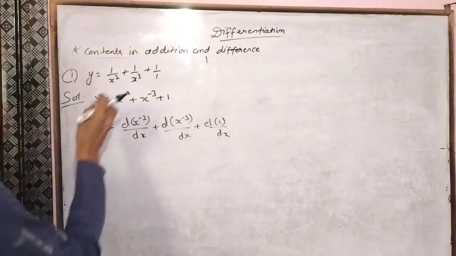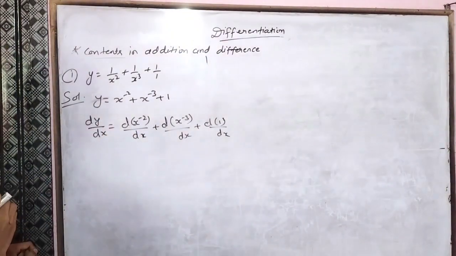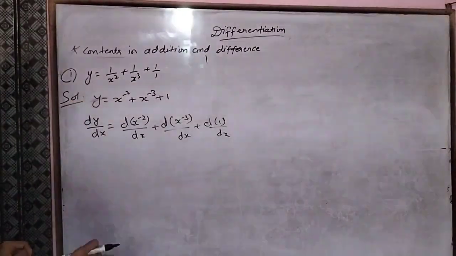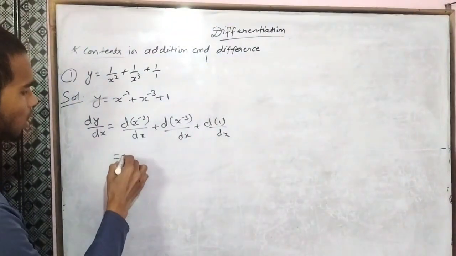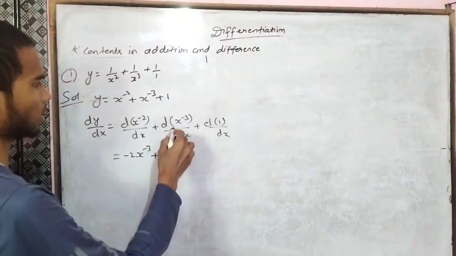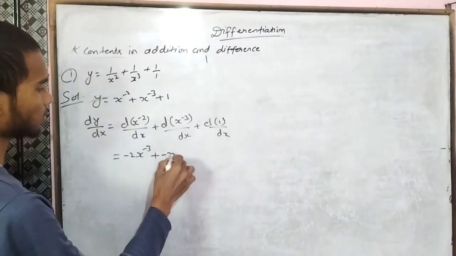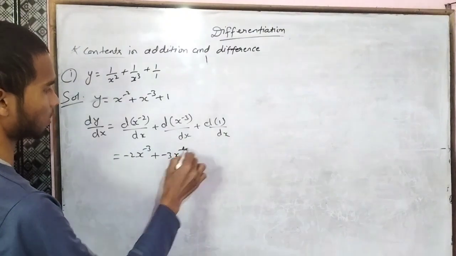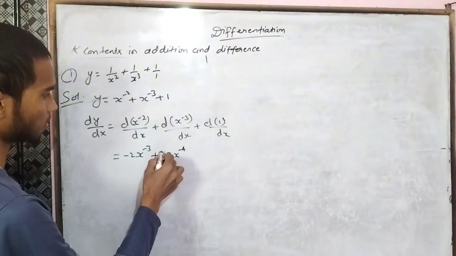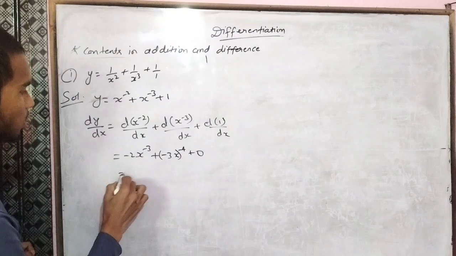I wrote each of these terms with a differentiation, with dy by dx. Now minus 2 and minus 3, then here minus 3, minus 4, then here would be 0.